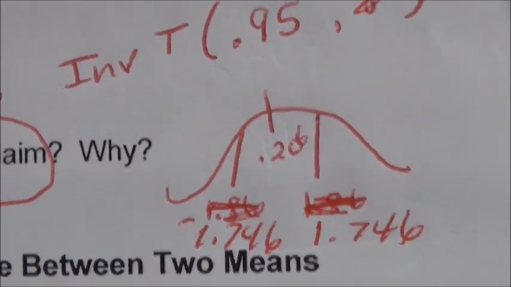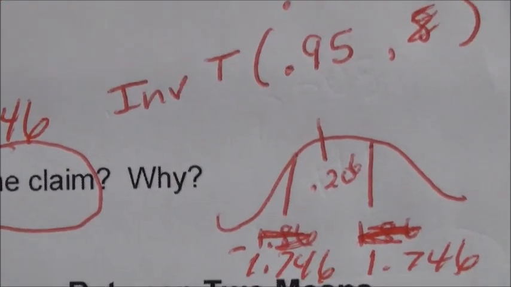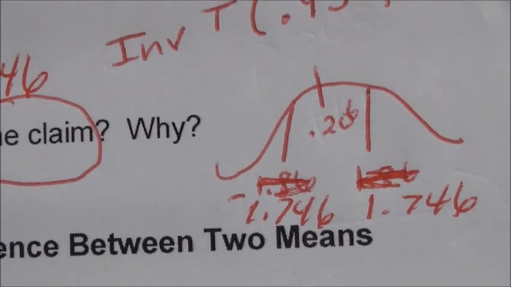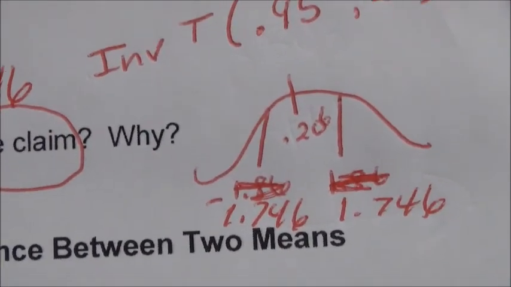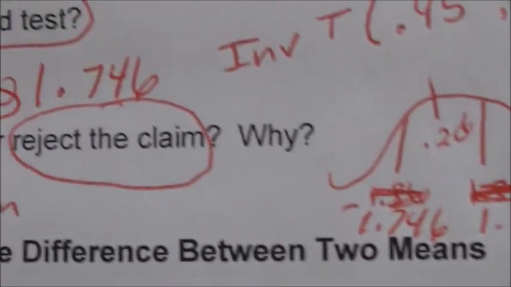I would accept the null then, which means I would reject the claim. I could also use my p-value. Since my p-value 0.8369 is greater than my alpha value of 0.10, that means I would accept the null. So we are going to accept the null, which means we are going to reject the claim.